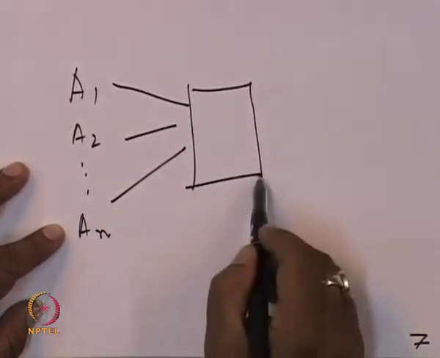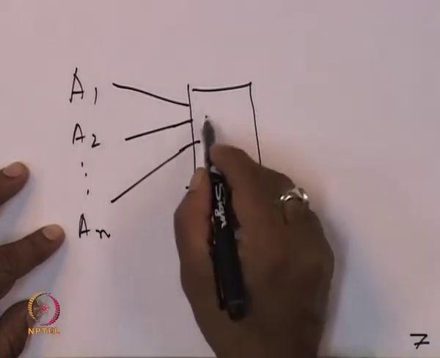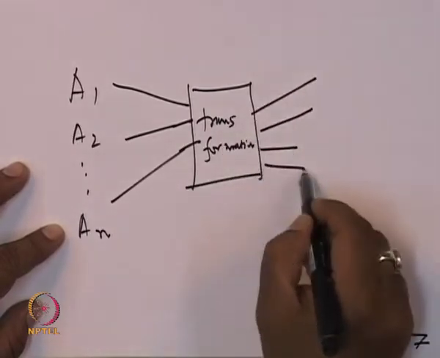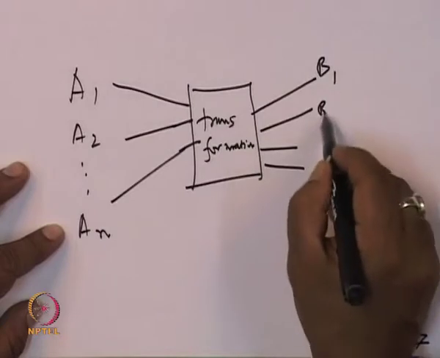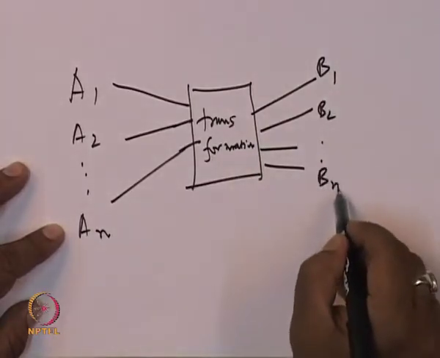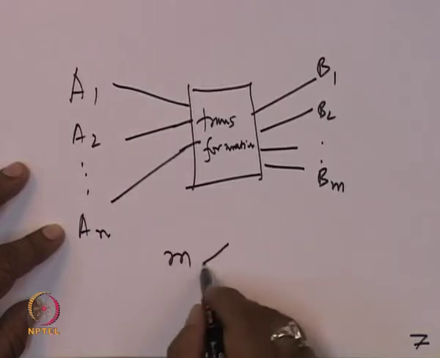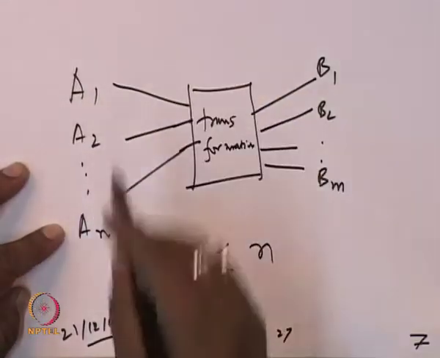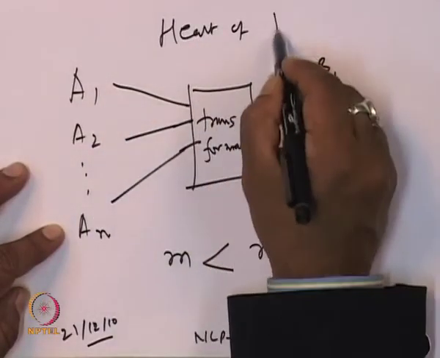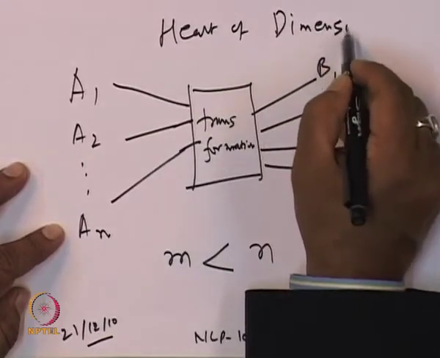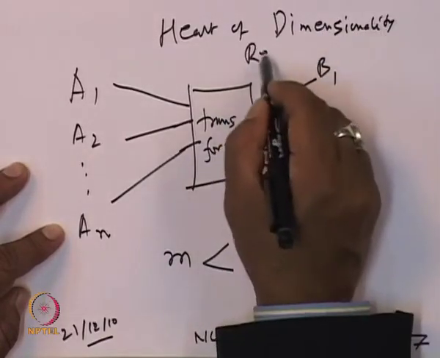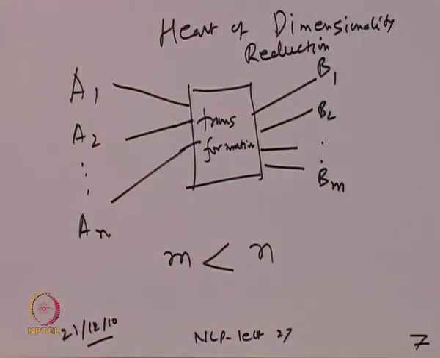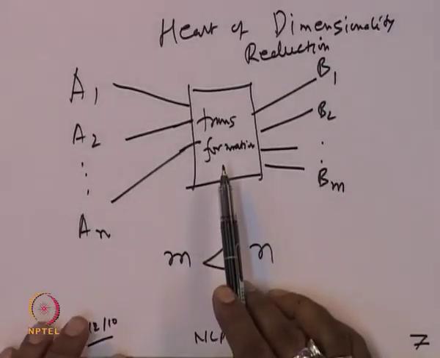All these go through a transformation and produce B1, B2 up to Bm. m is less than n, and this is the heart of dimensionality reduction.